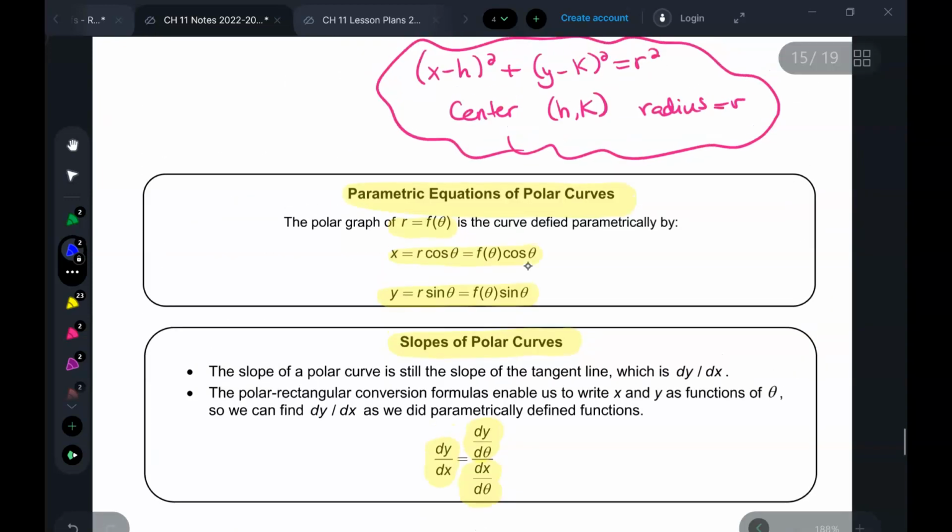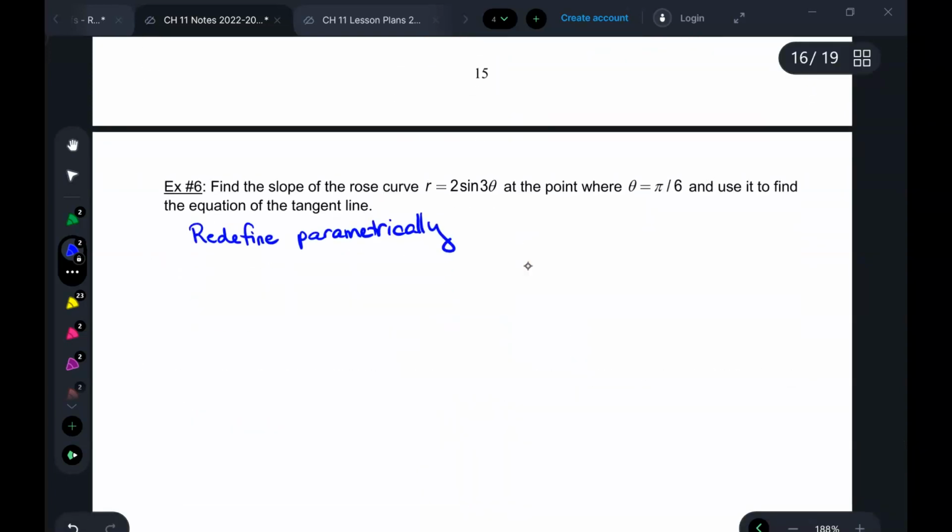Right, so again, what do we want to do? We want to take r times cosine theta. So for x, we get 2 sine 3 theta times cosine theta. And then for y, we get 2 sine 3 theta times sine theta.